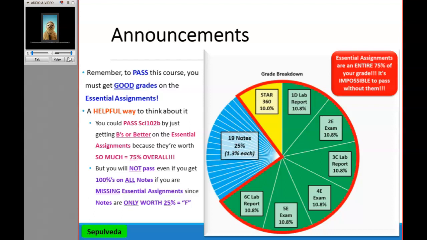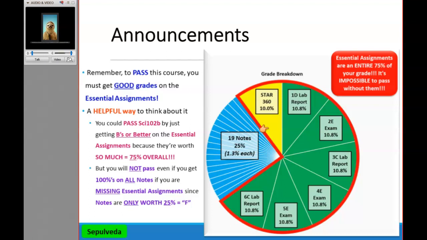So here is a couple of announcements. Remember, to pass this course, you must get good grades on those essential assignments. Woo! Look at our pie chart. Look how big it's grown. Can you believe it? So we have all these essential assignments right here, including our 6C lab, and so now they're worth 10.8% of our class.